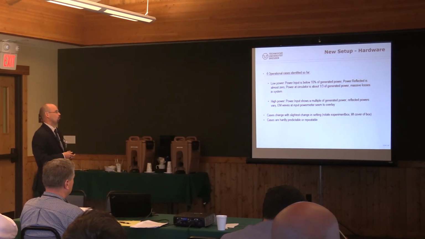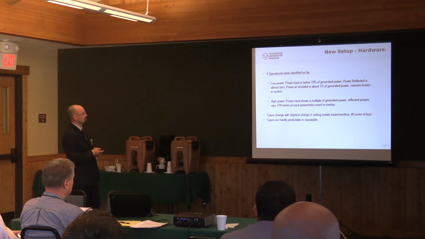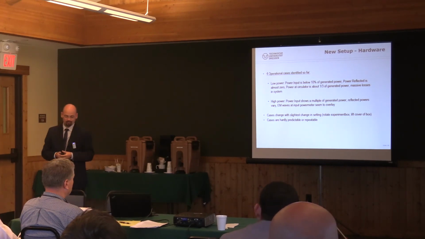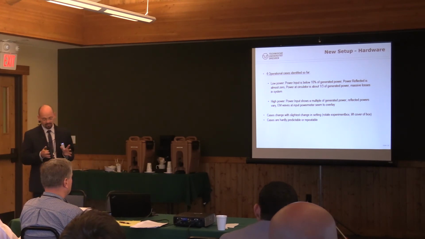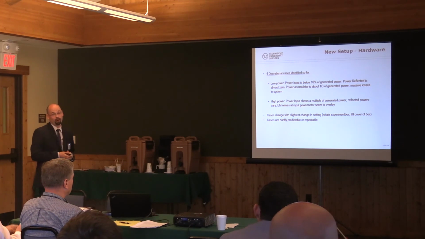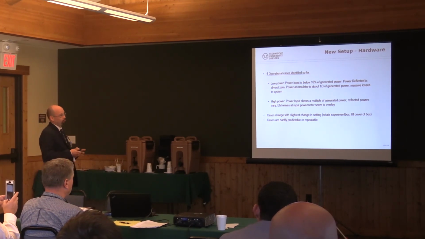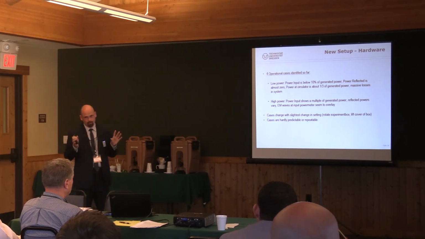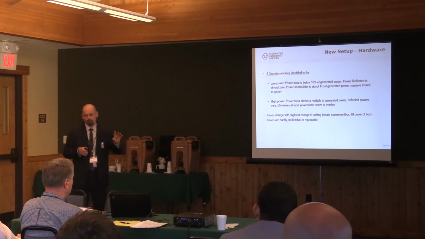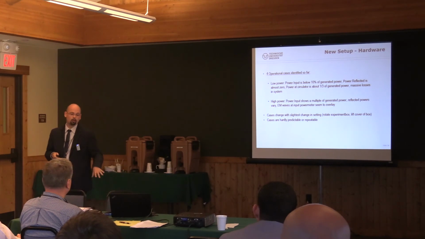Well, the two less nice operational cases frustrated me the last days, weeks and hours. In most cases I was only able to get less than 10% of our generated power inside our cavity. We sometimes also saw zero power reflection, so our reflected power from the cavity was very close to zero.